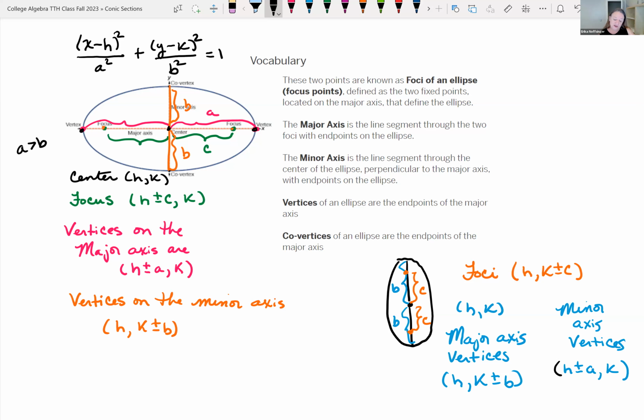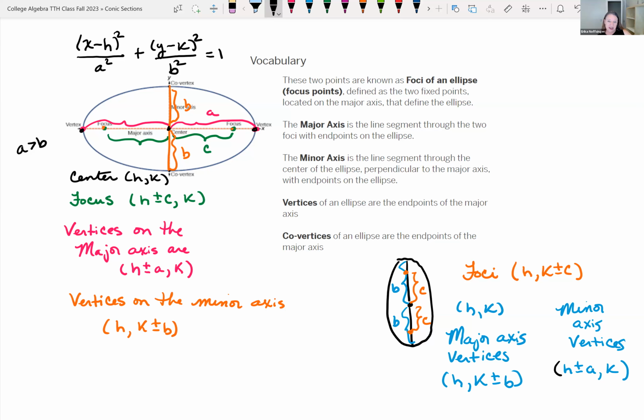And so those vertices on the major axis, we're going to look at h plus or minus a, comma k. Vertices on the minor axis, so going up and down b units, the length of the minor axis is 2b. We're affecting the y value of our center. So from the center h, k, we would go up b units and down b units.